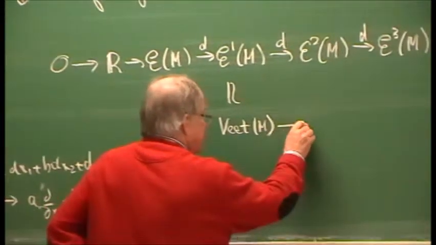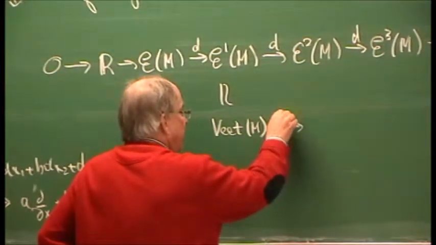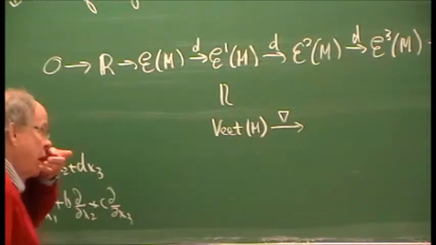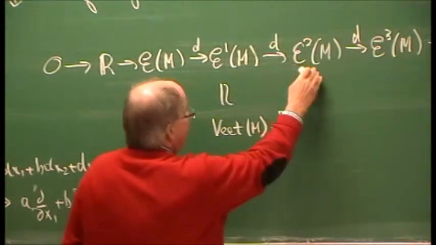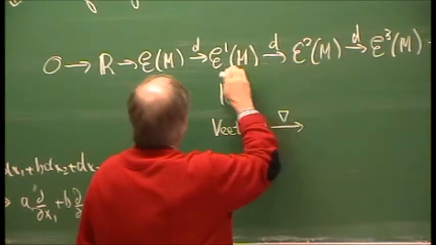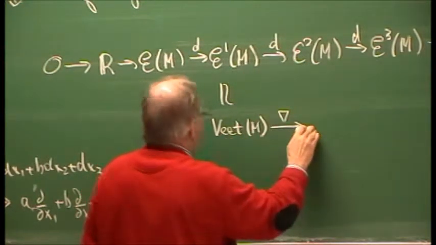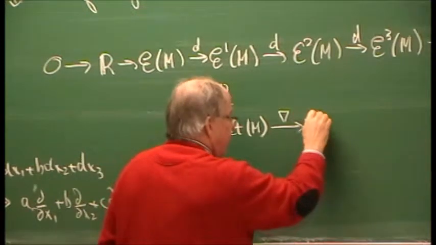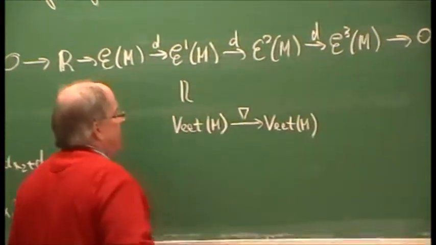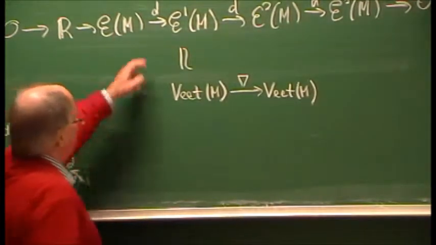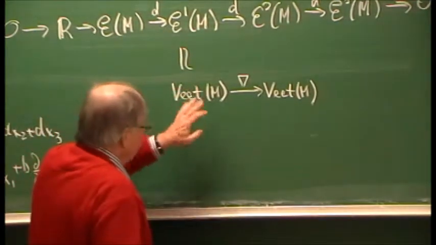And now parallel to this down here, we have the gradient, which if you take d, you get a gradient of a vector field, you get another vector field. And that comes from taking d of... No, you don't have gradient there.